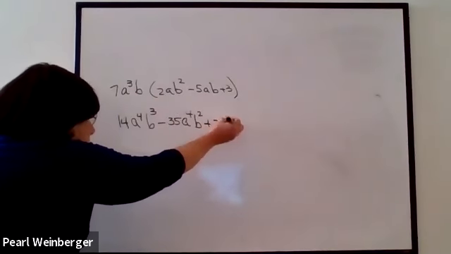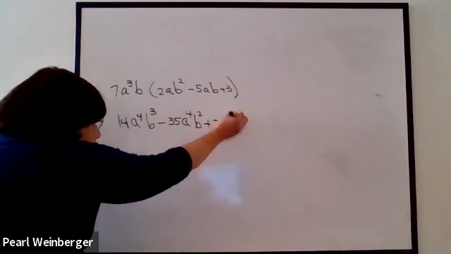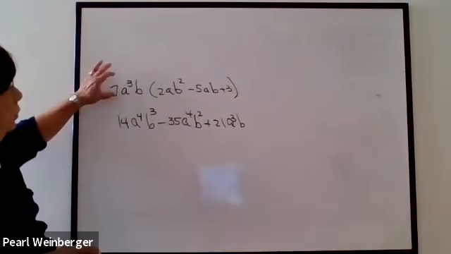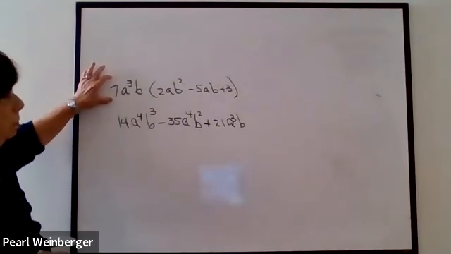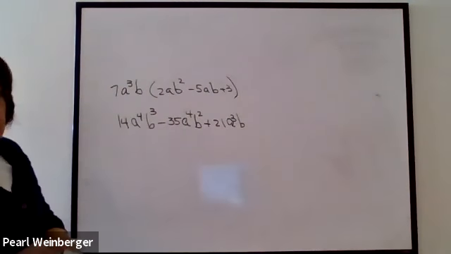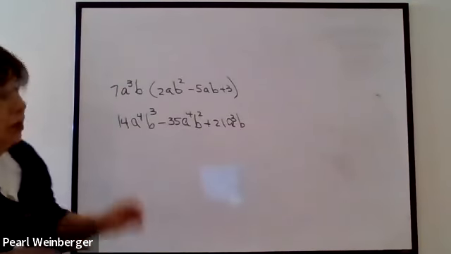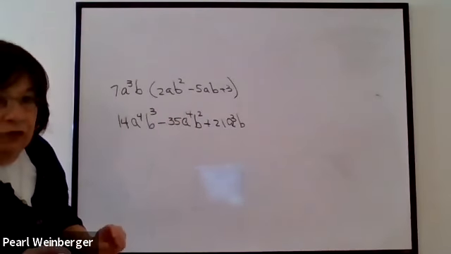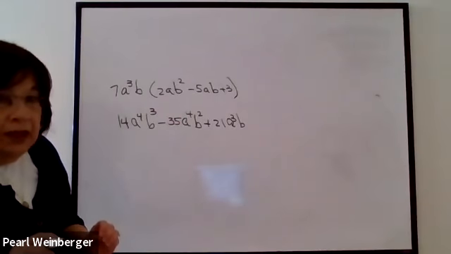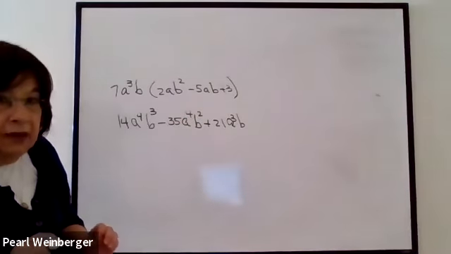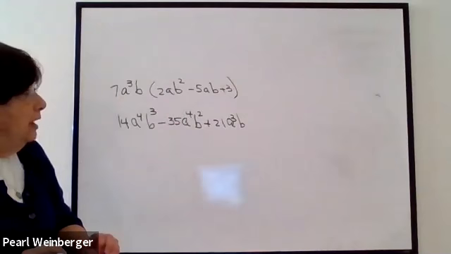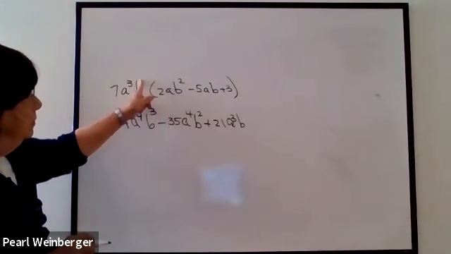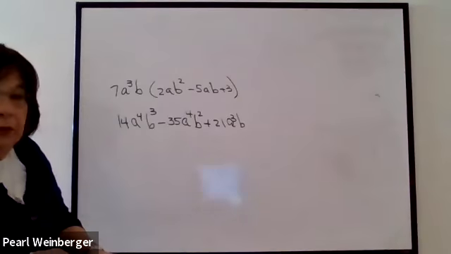And the letters we just bring along, a³b. And that's how we multiply a monomial times a trinomial or any polynomial using the distributive property. Again, don't forget that when you're multiplying the letters, you're adding their exponents. And if a letter doesn't have an exponent, it's as if there's a 1 exponent there.